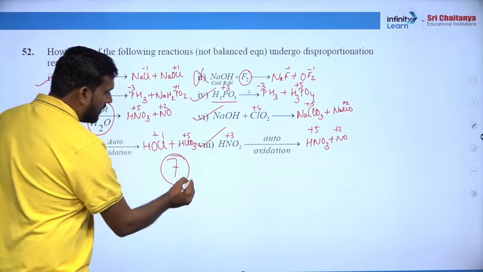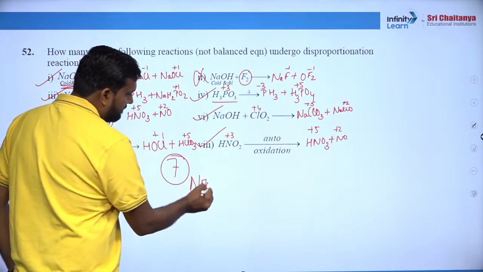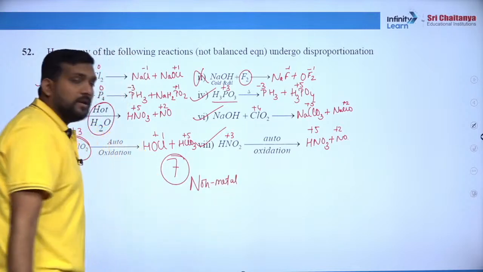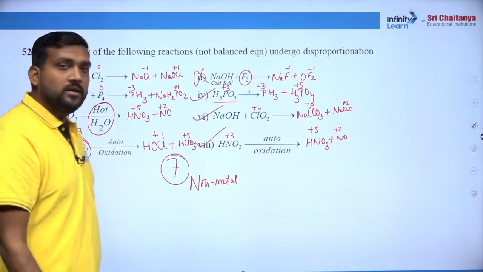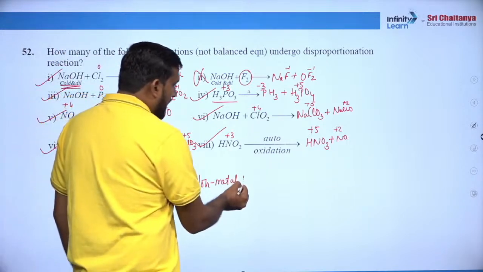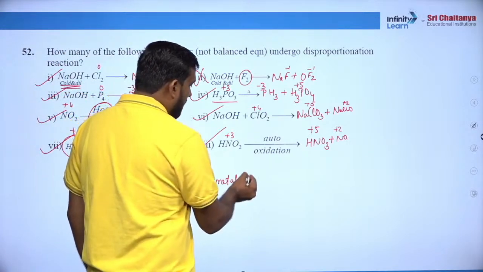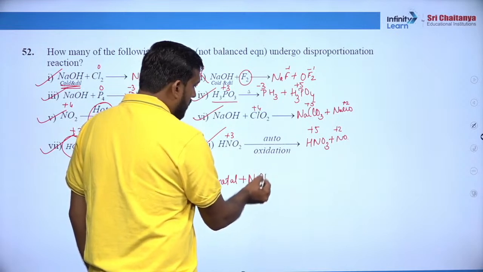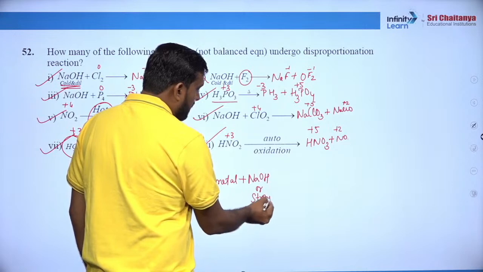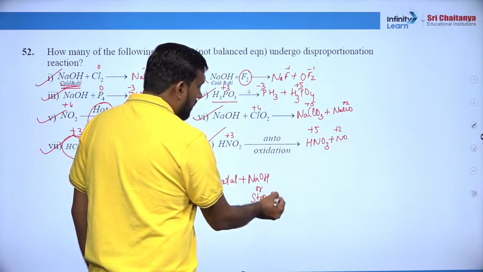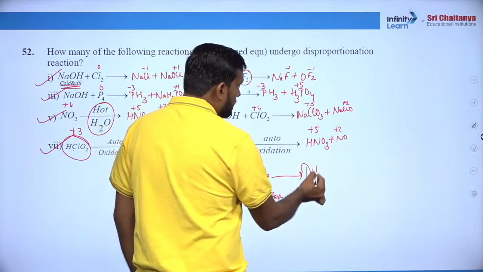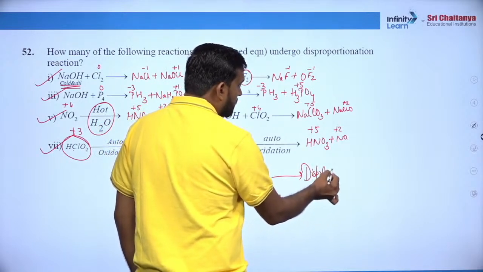So any non-metal, remember that. When any non-metal, that can be sulfur, that can be chlorine or any halogen other than fluorine, okay, any non-metal, if it reacts with NaOH or any strong base, then it always gives you the disproportionation reaction.